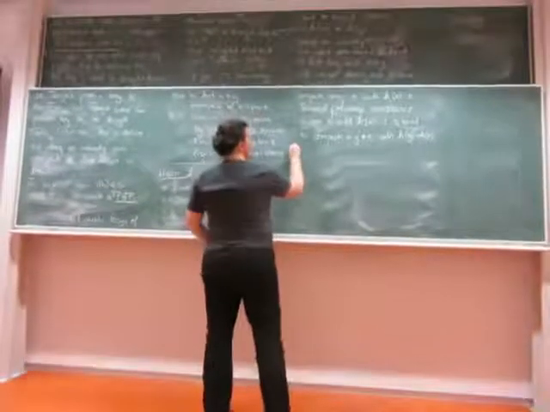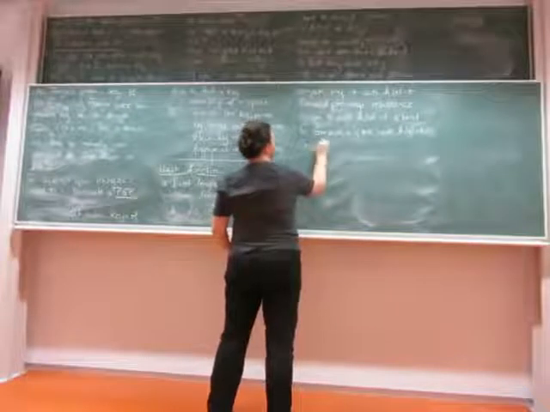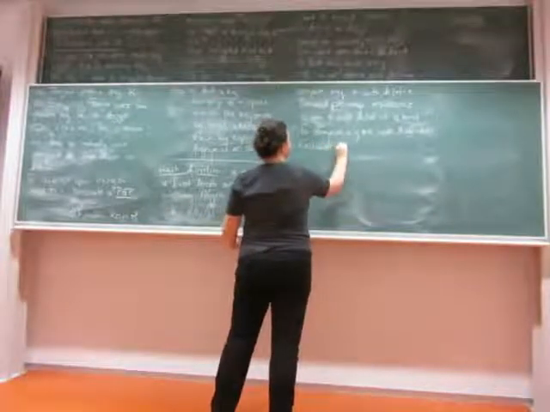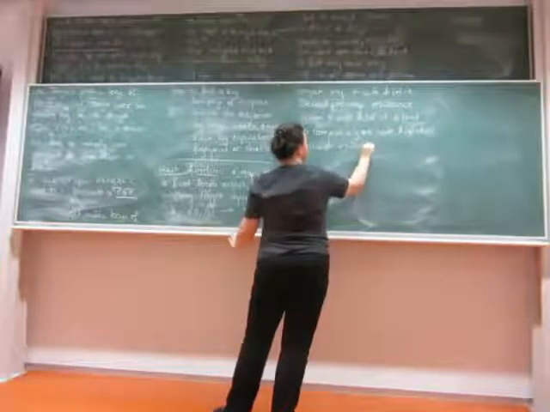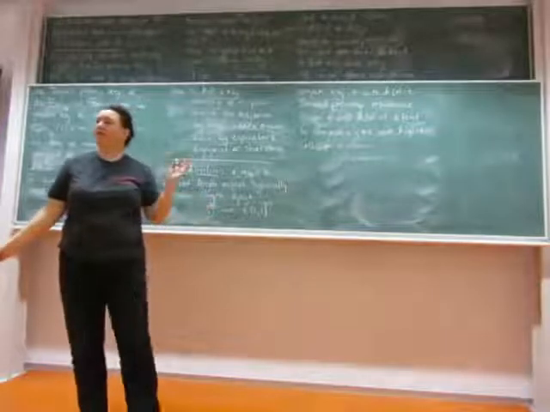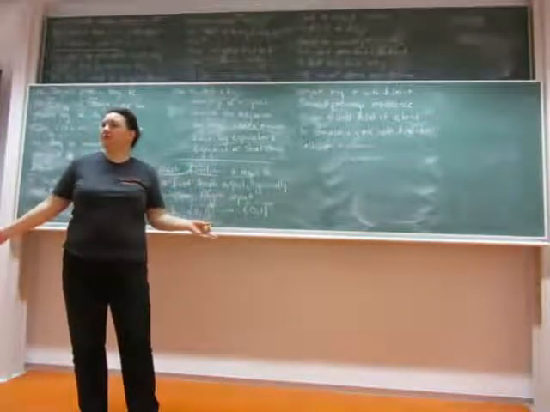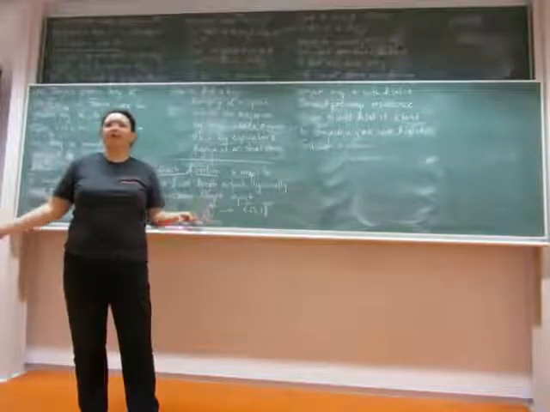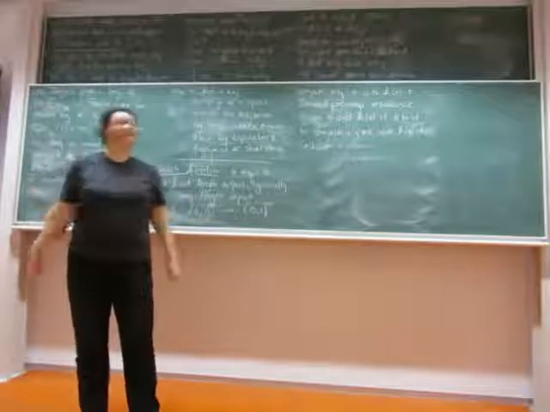And finally, we want collision resistance. Now we're not given anything. We have the full freedom to pick any X and Y we want. And it should still be complicated to find any X and Y which have the same image.